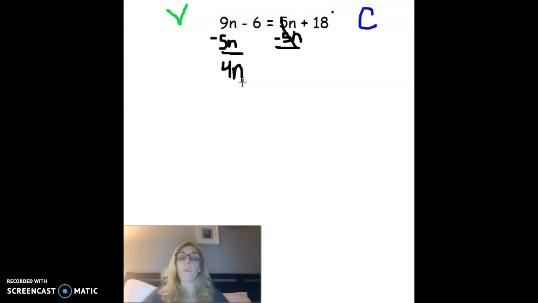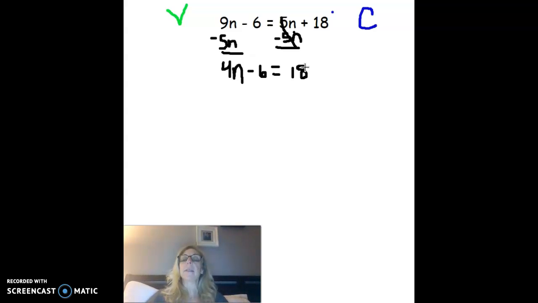Yay, all my variables are on one side, but I still bring down that minus 6. And I still have an equals. And I have my constants now on the constant side. Awesome. Well, wait a minute. This should look very familiar to you because now I'm doing step 3, which is solving for the variable. I got all my variables on one side.